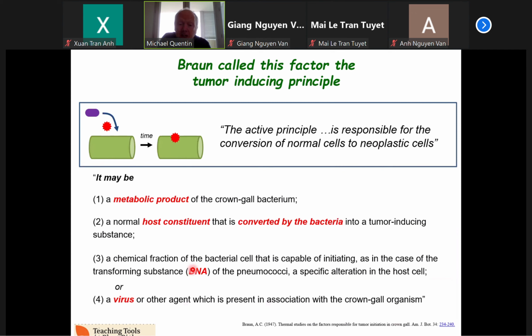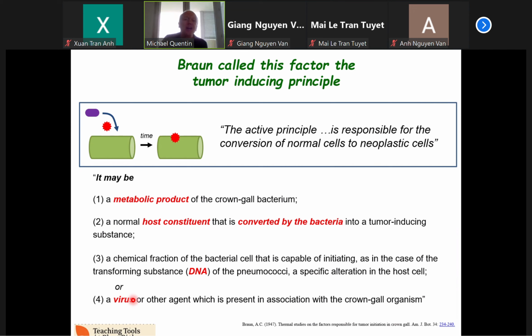Or it may be something of the bacteria that is transmitted to the plant cell and will later on allow transformation, alteration of the plant physiology, such as, for example, DNA. Or it may be a virus that may be transmitted from the bacteria to the plant cell that would then be necessary for the formation of the gall. Different hypotheses have been proposed.